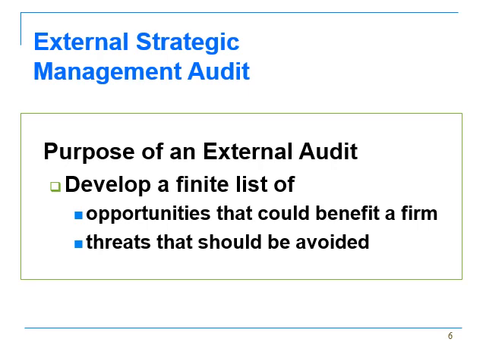So this is the overall purpose. But when we talk about the purpose of the external audit, it is only to identify all the opportunities and threats. You need to list down those opportunities through which you can get benefit and the threats which should be avoided.